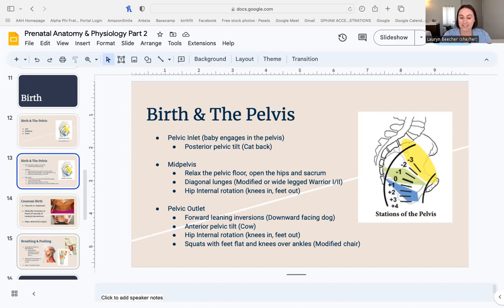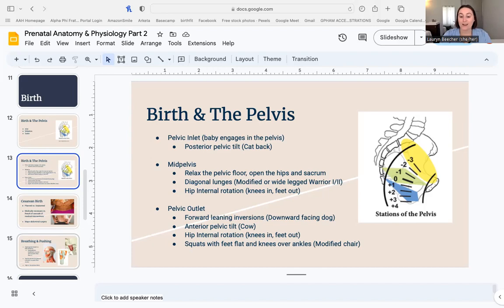Moving down the pelvis into the mid-pelvis. If the baby is stuck in the middle there, oftentimes things that help to relax the pelvic floor and open everything at the hips and the sacrum can be really helpful. One movement that I really like for this is a diagonal lunge.